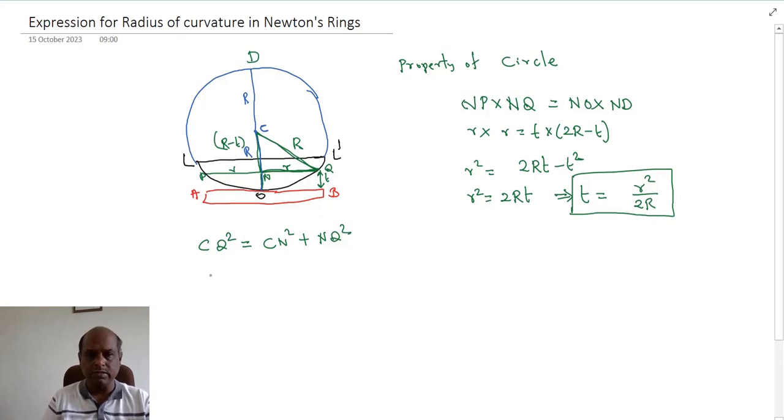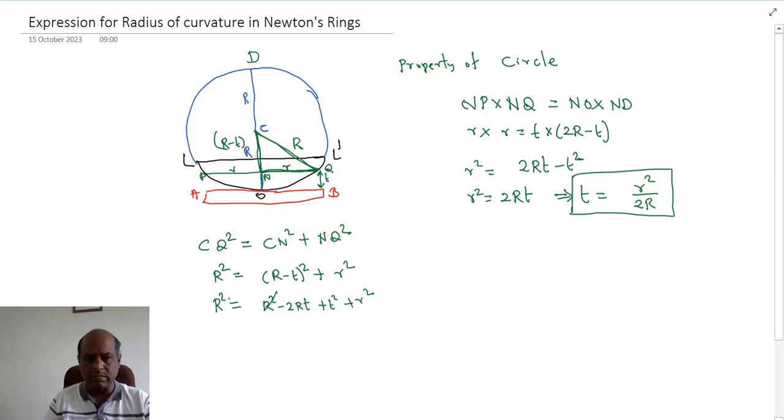So what is CQ square? R square. What about CN? CN is equal to R minus T whole square plus NQ is equal to small r square. So R square, expanding this as a minus b whole square, R square minus 2RT plus T square plus r square.